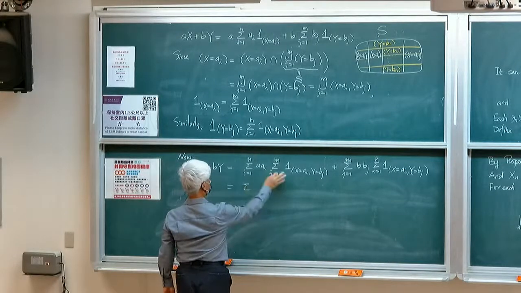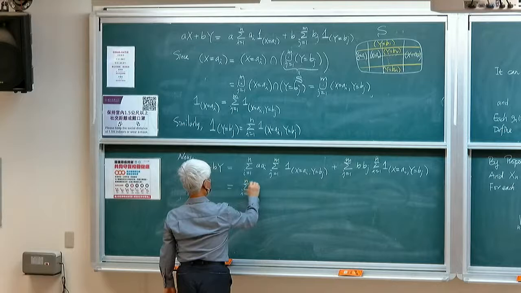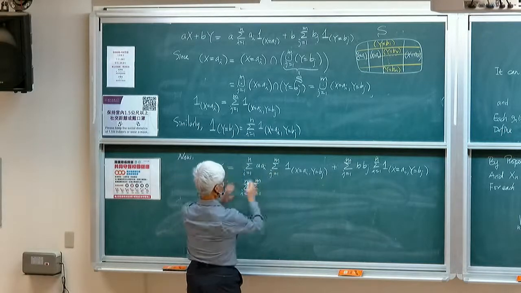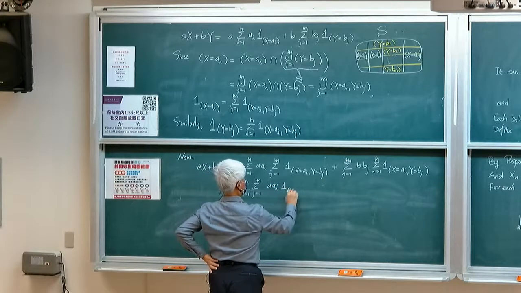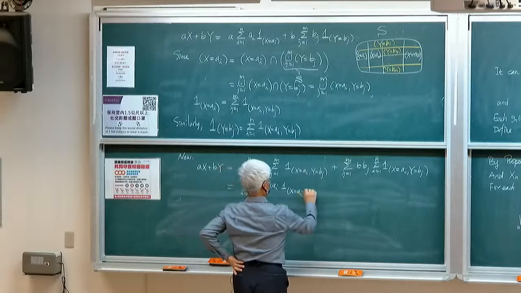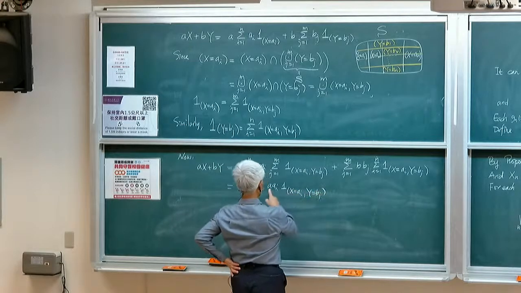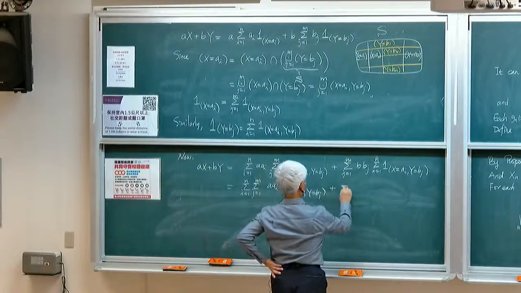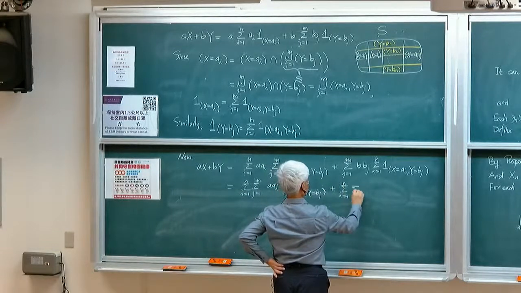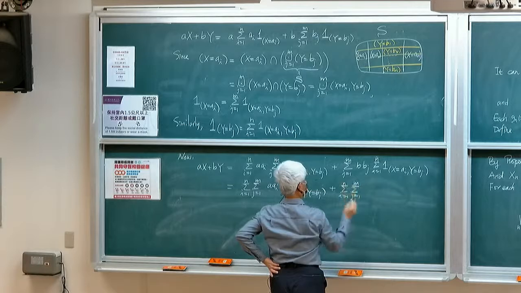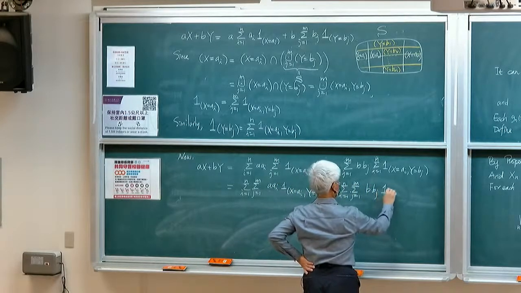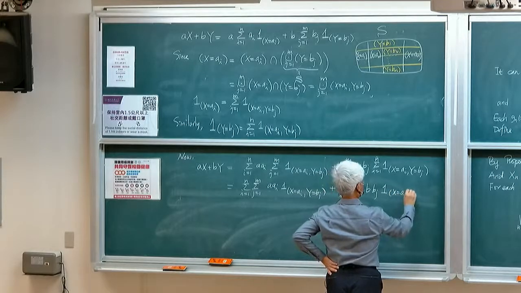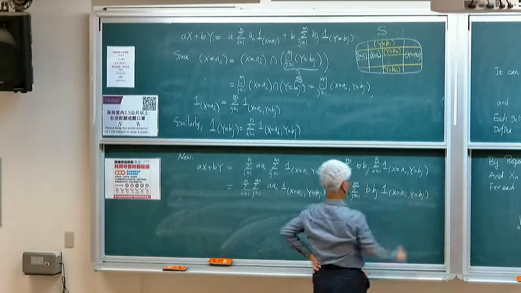Now, because they are finite sums, I can write it this way. Okay, so now we merge together. So we have the summation of a_i times the indicator x equal to a_i, y equal to b_j, plus the summation i from 1 to n, j from 1 to m, of b_j times the indicator x equal to a_i, y equal to b_j.